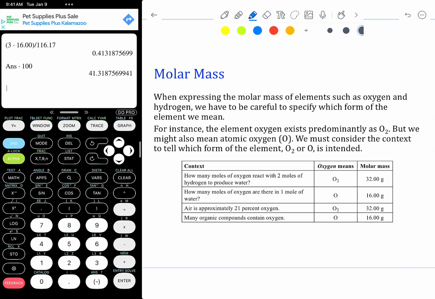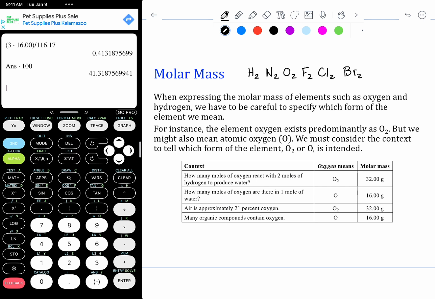When expressing the molar mass of elements such as oxygen and hydrogen, we have to be careful to specify which form of the element we're talking about. If you recall from our previous discussion of molecules, and specifically elements that exist as molecules, we had 6 on our minds that exist as diatomics: H2, N2, O2, F2, Cl2, and Br2.